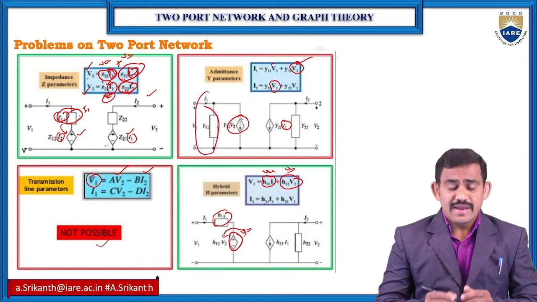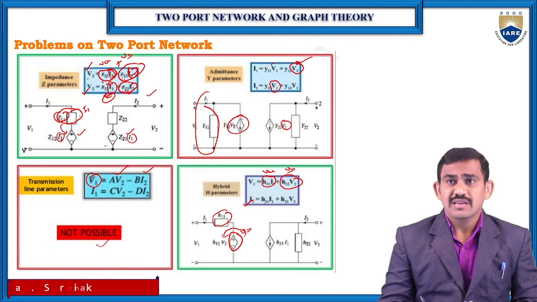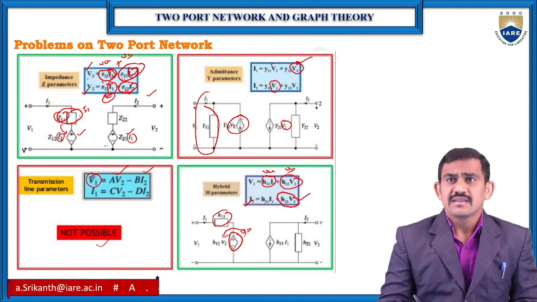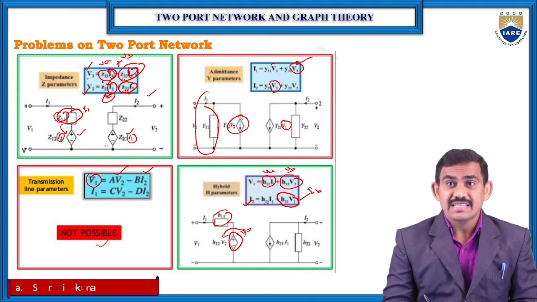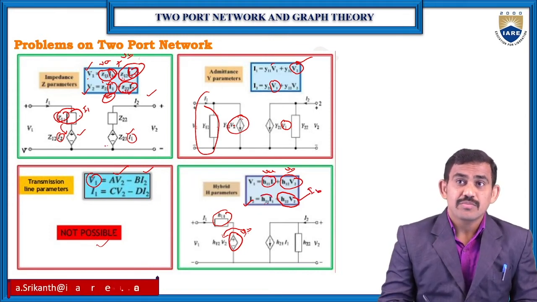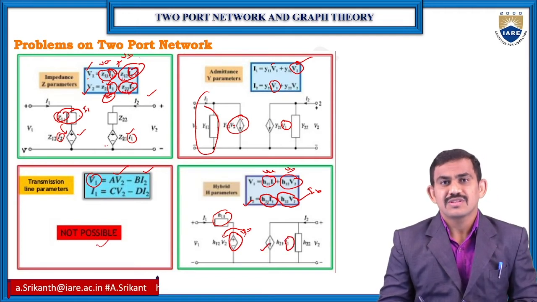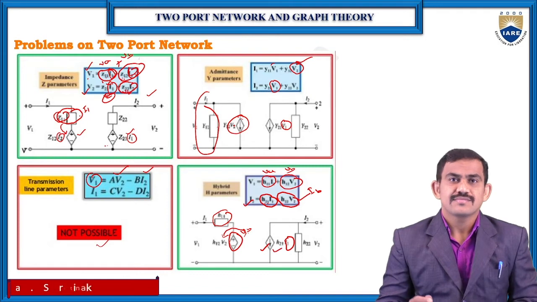Coming to the I2 value, here we have V into the admittance, suppose IB. What about IA here? IA is again a current source, but depending upon one more current, so it's a current source depending upon your I1 value, that is H21.